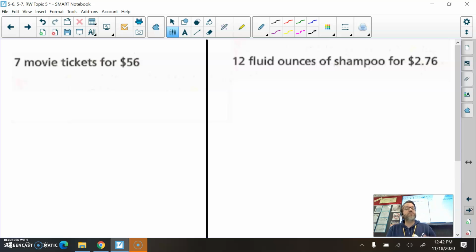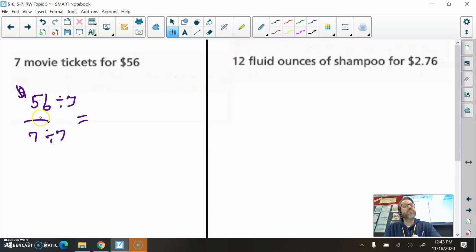If you can buy 7 movie tickets for $56, well, what would be the price per ticket? Again, take the money amount first and put that in the top of your ratio. We have $56 for 7 tickets. So what would be the price for 1 ticket? Well, you're going to have to divide by 7 then, which means you do the same thing up here.